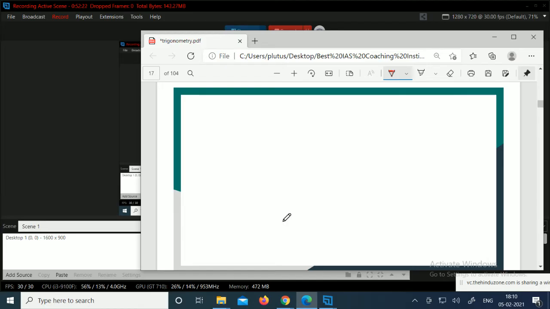Now try to solve this kind of question that is based on A plus B formula. So sin 70 is equal to 2 sin 50 plus sin 20. We have to prove this equation.